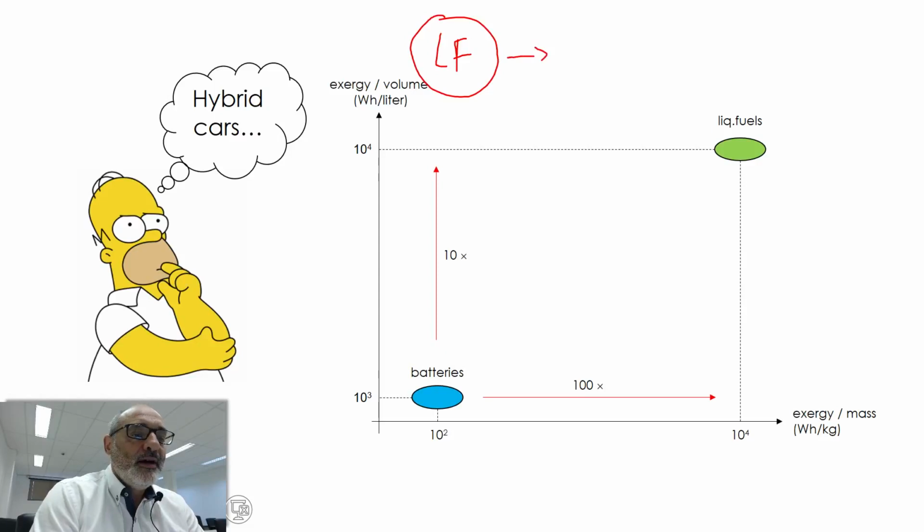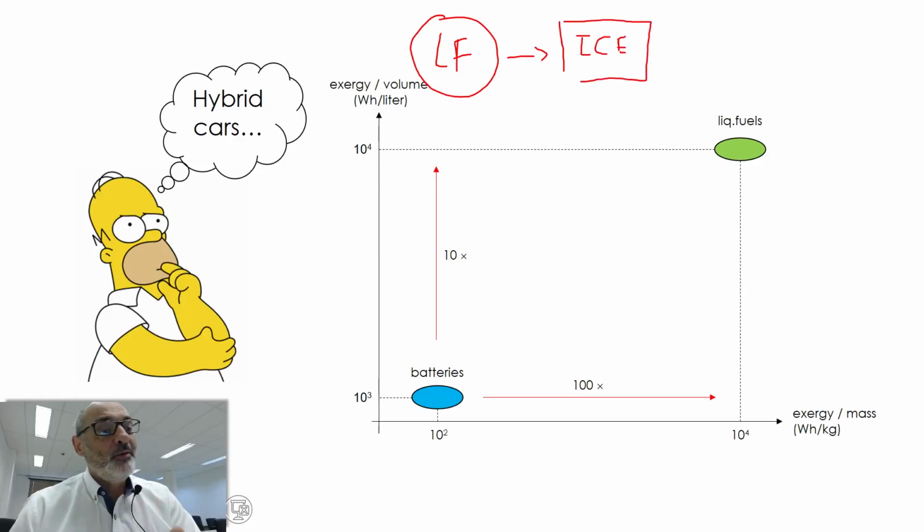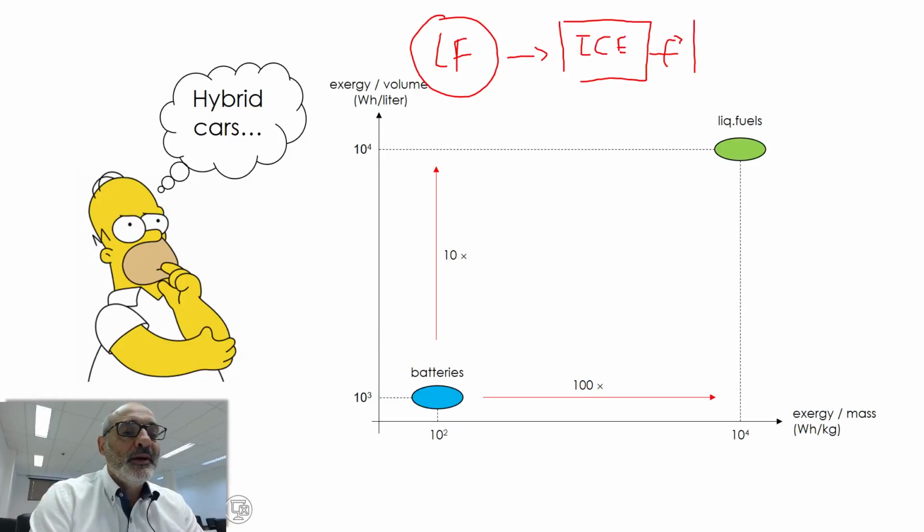You have an internal combustion engine, which is the only way we have to transform liquid fuel into useful energy, exergy. Here I have a shaft power that I use in a generator to generate electricity, and electricity drives a motor, and the motor drives the wheel of the car.